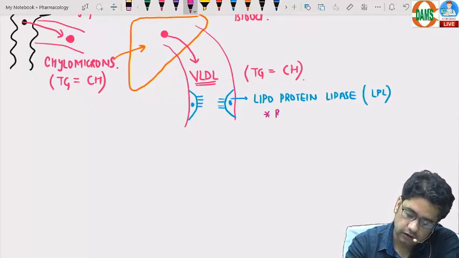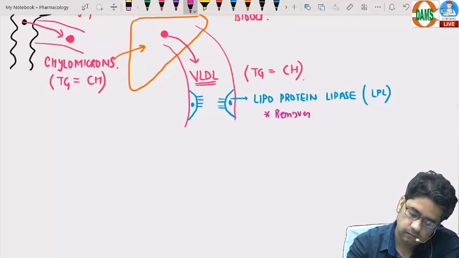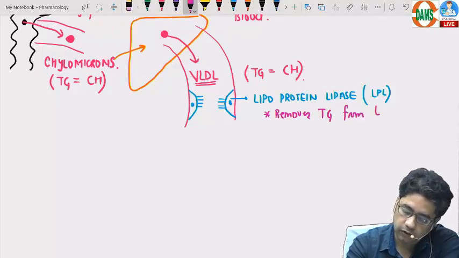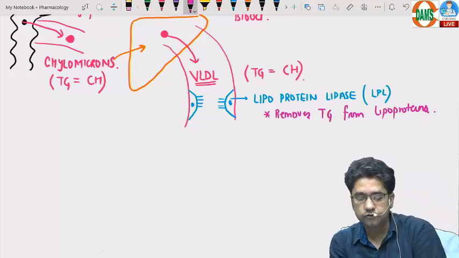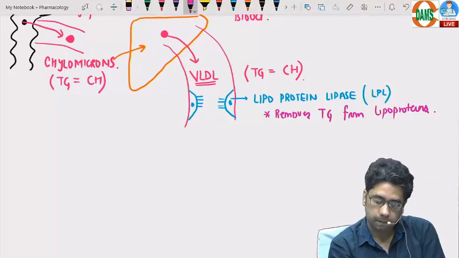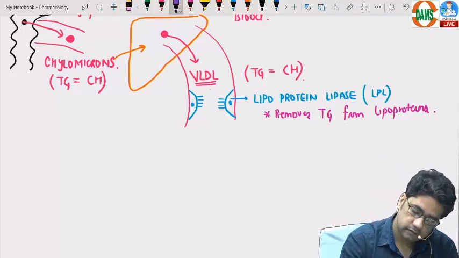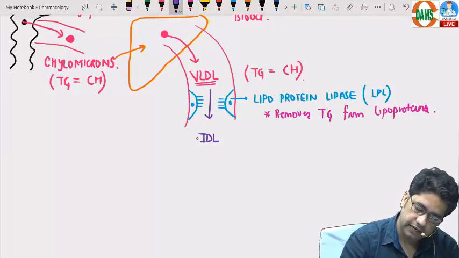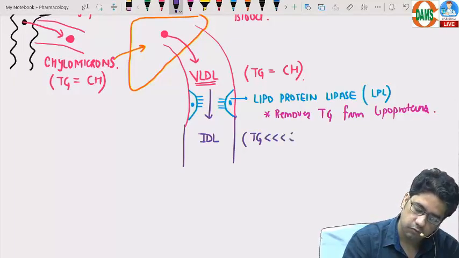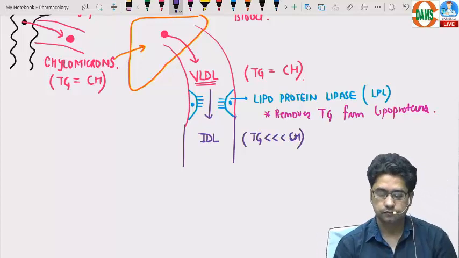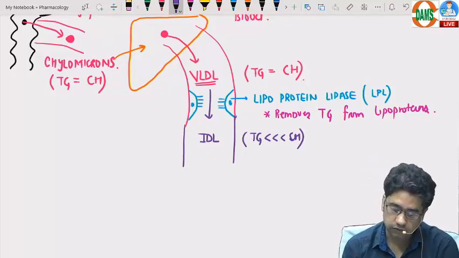Lipoprotein lipase enzyme removes triglycerides from lipoprotein. Because of this reason, VLDL gets converted into IDL, intermediate density lipoprotein. IDL contains less of triglyceride, more of cholesterol.